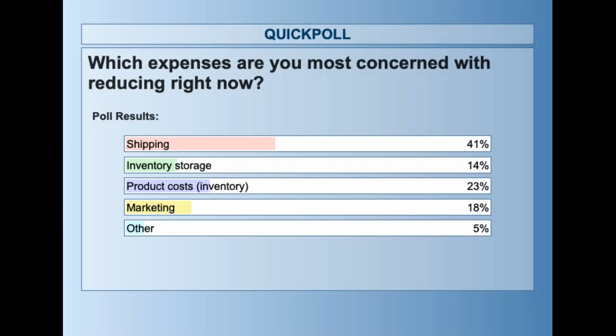So if your product costs are too high, if you don't have the right vendors or manufacturing process, then your product costs can go higher than your expectations if you're not working on a volume kind of business. And of course, that eats into your margin. Some marketing aspects and inventory storage. Inventory storage we'll also talk about, and it has a pretty big impact on your profitability. Okay, let's dive deeper into each of those.